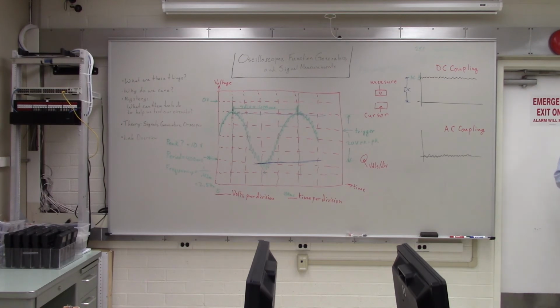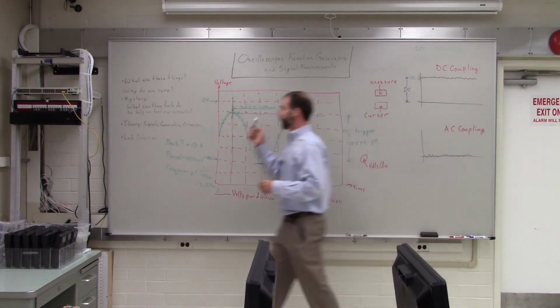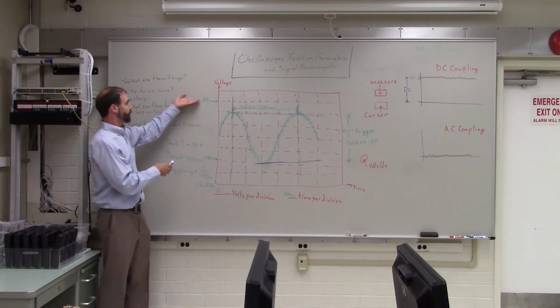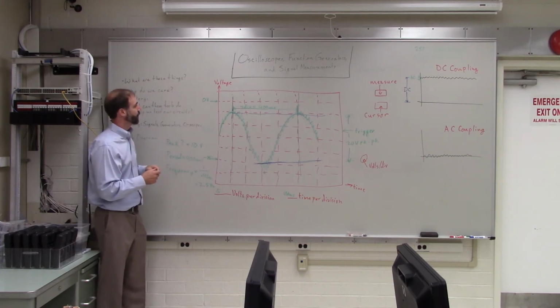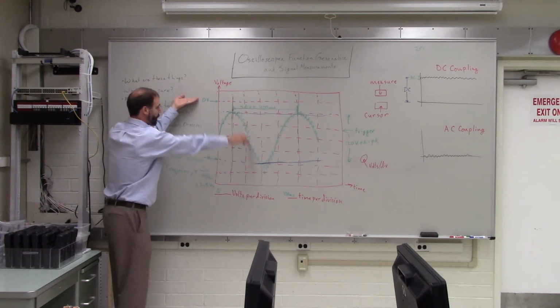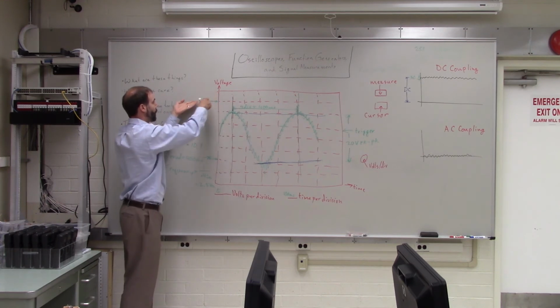Yeah? So, is that big one on the left, is that AC coupling? Well, in this case, it would have to be DC coupling because 0 volts is up here, and the signal is shifted down. If it was AC coupling, the signal would be centered around 0 volts.